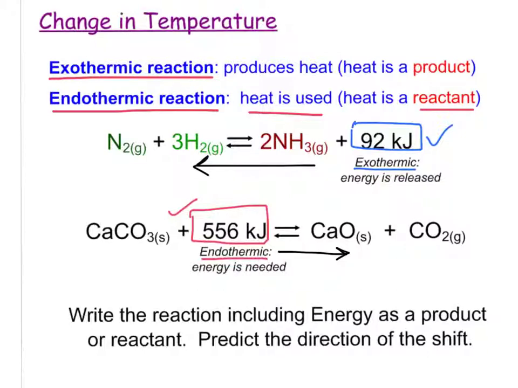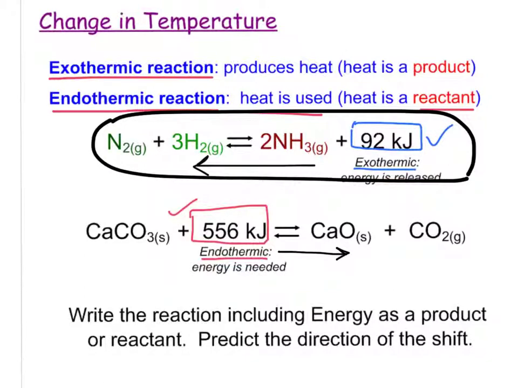What if we cool it down? Cooling the reaction is going to give us the opposite effect. So let's look at our first problem right here. We have our exothermic reaction. If we are going to cool it, basically take energy away by cooling it down, it's going to have the opposite effect.